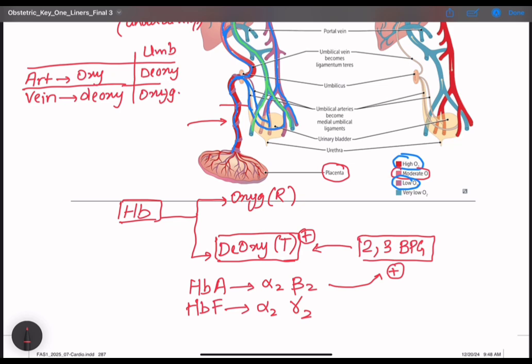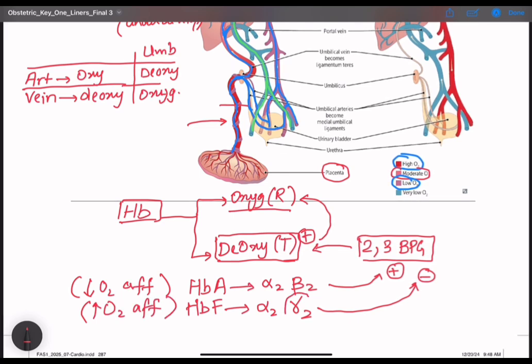In other words, the hemoglobin A has decreased affinity for oxygen, while hemoglobin F has gamma chains, which don't bind tightly with 2,3-BPG, thus destabilizing the tense state, which shifts to relaxed state in order to stabilize itself. Or in other words, the oxygen affinity for hemoglobin F is very high. Thus, the gamma chains of hemoglobin F ensure adequate transfer of oxygen from mother to fetus.